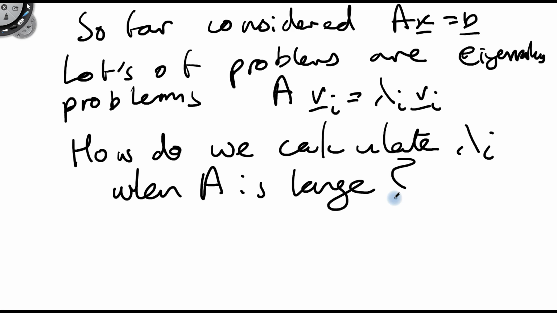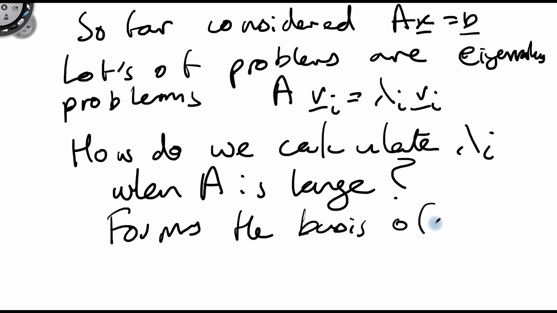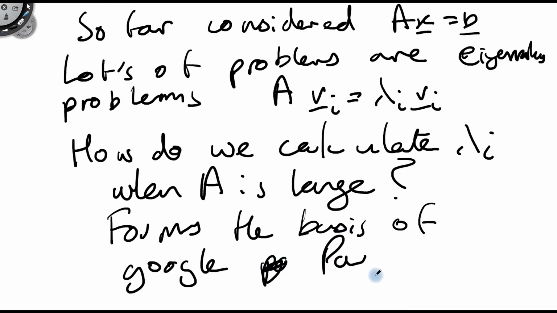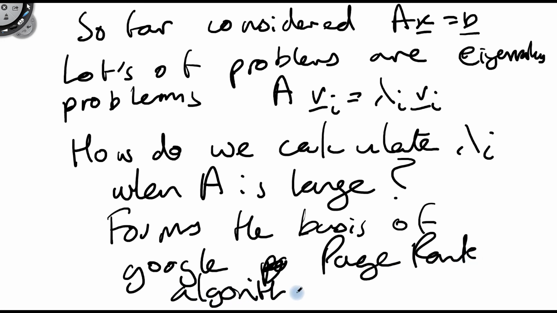And you recall this forms the basis of our Google ranking algorithm, so-called PageRank, which ranks websites in order of their popularity, or other criterion, and it's an eigenvalue problem.